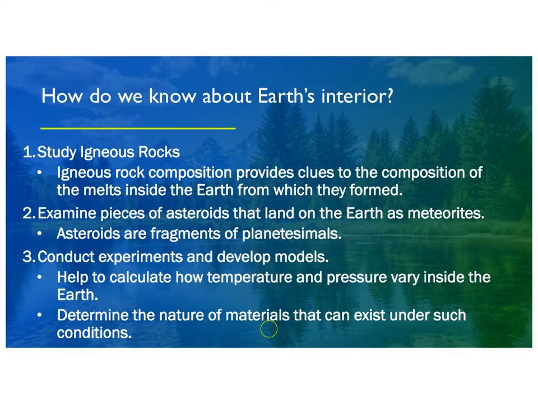Then we look at the other materials that other planets have, and it starts to make sense that we must have denser material as we move inward. So as you sink further and further into the Earth, the density of the materials has to get heavier and heavier. So from those clues, we are going to be able to figure out that the mantle is going to be a slightly higher density.